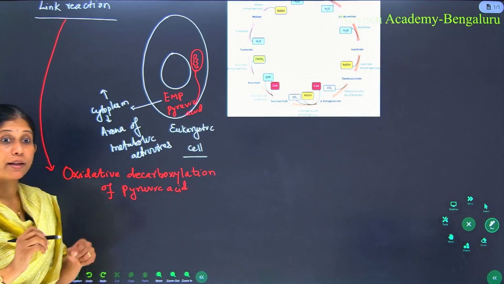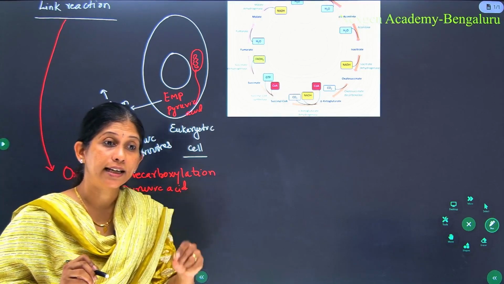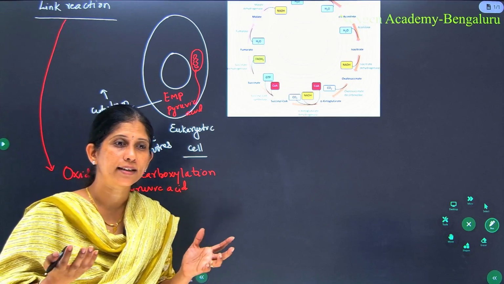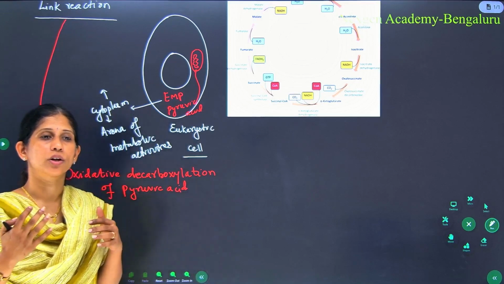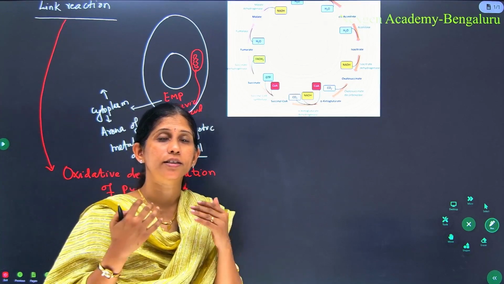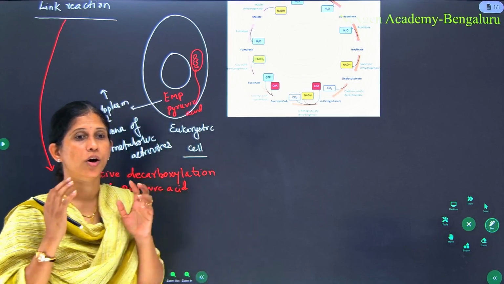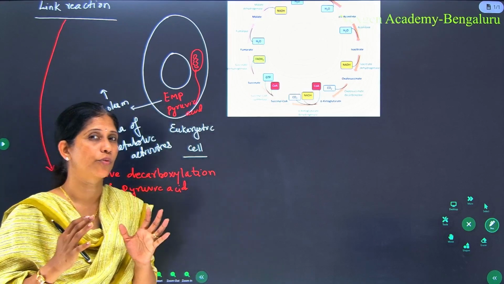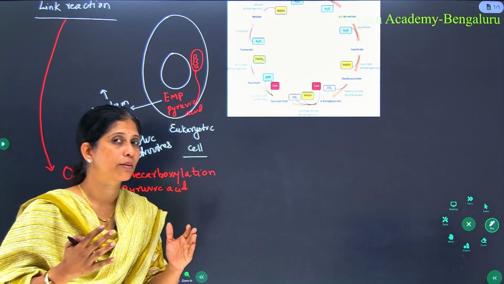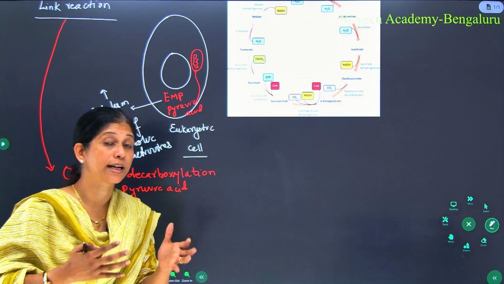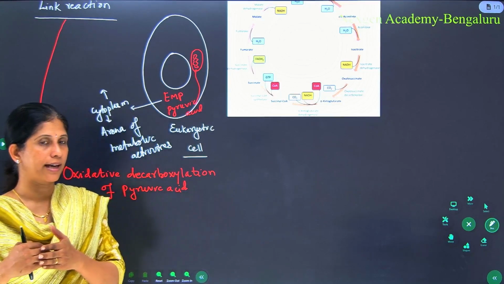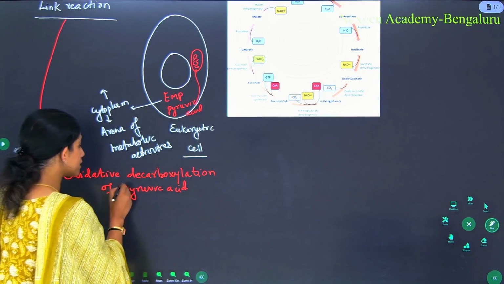So what is happening in the link reaction? Chemically, link reaction is also known as oxidative decarboxylation. Oxidative decarboxylation of what? Of the substrate that is entering into the link reaction. So what is the link reaction substrate?